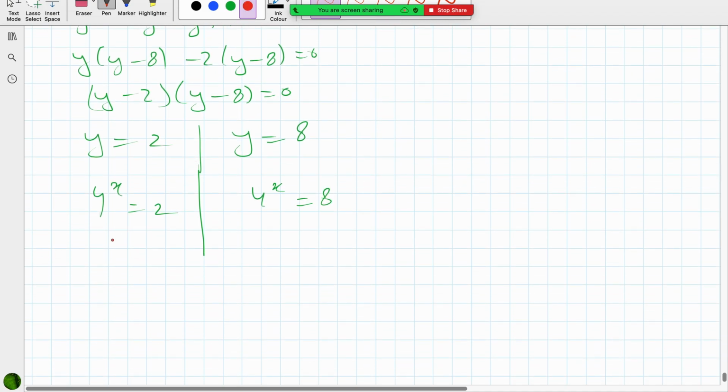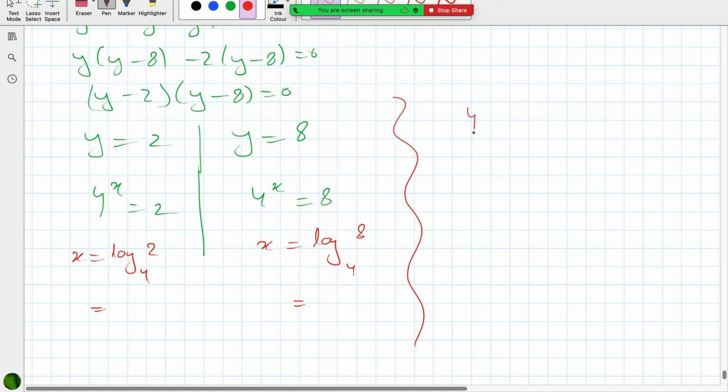Now again, because these are such numbers, we can convert them into index form. We can solve them either way, using logarithms or without that. If we choose to use logarithm, this will be log of 2 to base 4, whatever the answer is. On the other side, this would be log of 8 to base 4. The calculator will do this part.